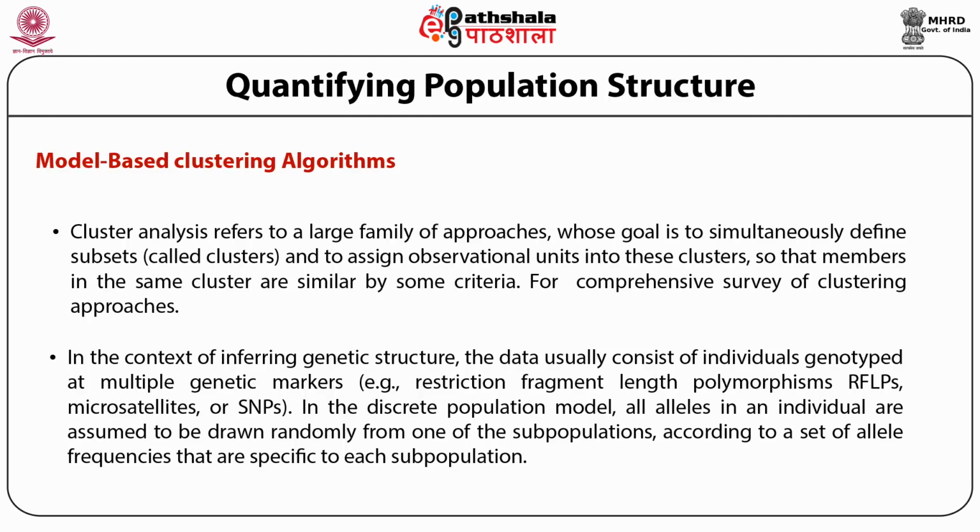In the discrete population model, all alleles in an individual are assumed to be drawn randomly from one of the subpopulations according to a set of allele frequencies that are specific to each subpopulation.